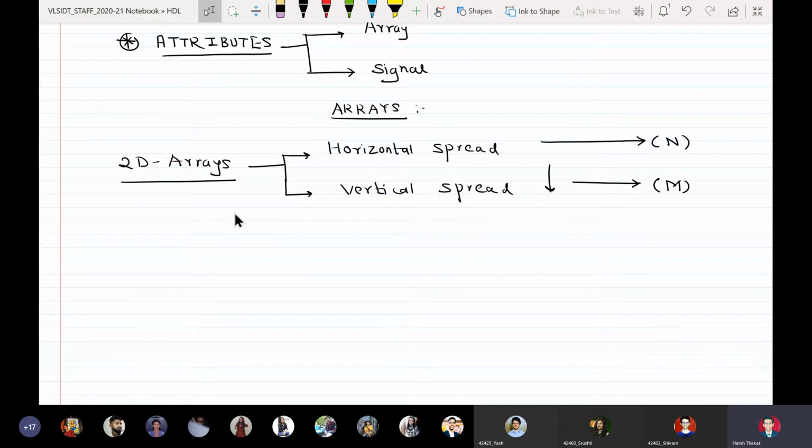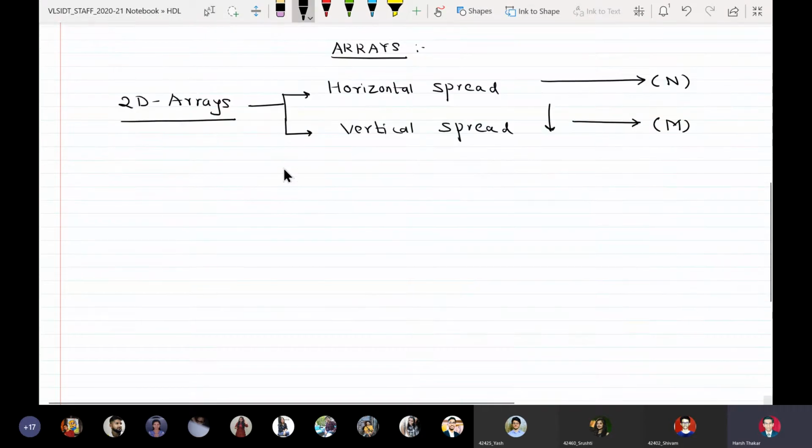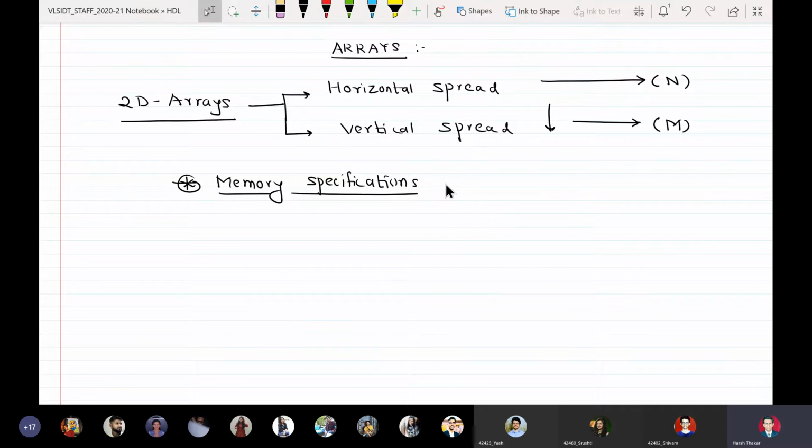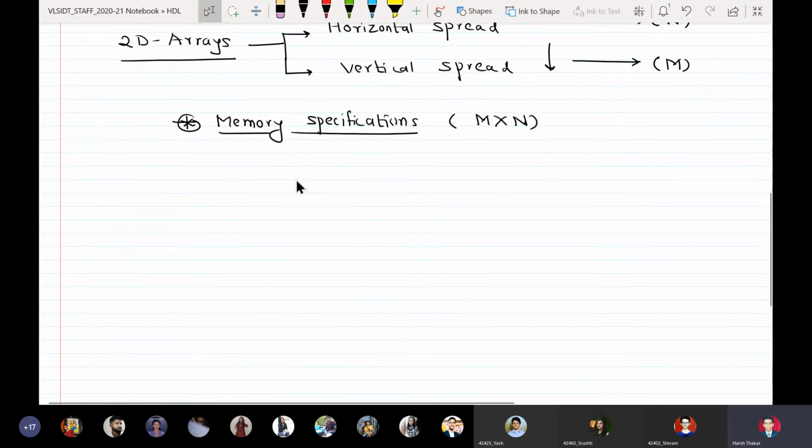So we also know that memories are defined in this way only. So for example, how are memories specified? There can be many specifications of memory. As far as size is concerned, memories are always specified as m by n.